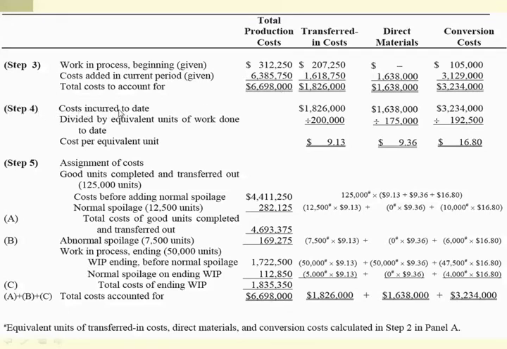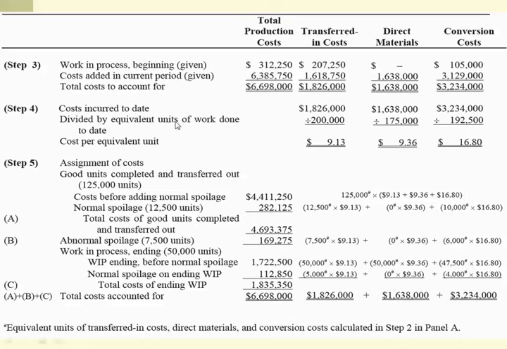Costs incurred to date: 1,826,000 transferred in cost, 1,638,000 direct material, 3,234,000 conversion cost, divided by equivalent units of work done to date, 200,000 under transferred in cost, 175,000 under direct materials, 192,500 under conversion costs.